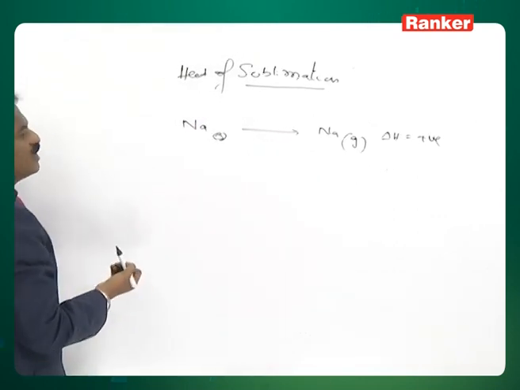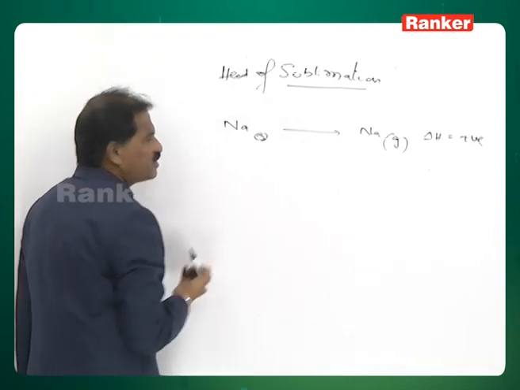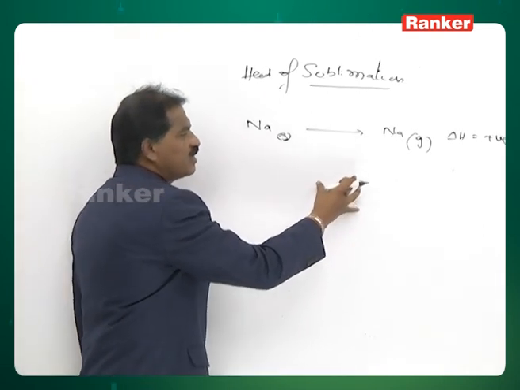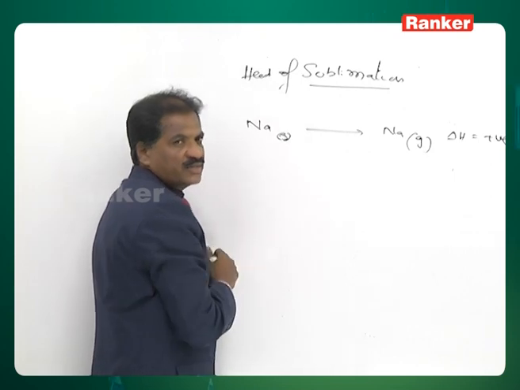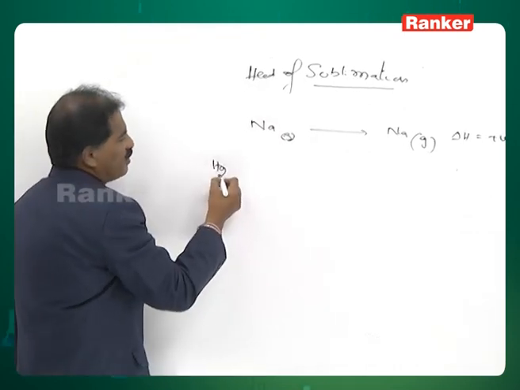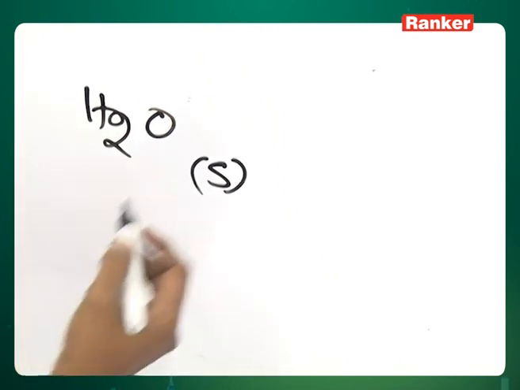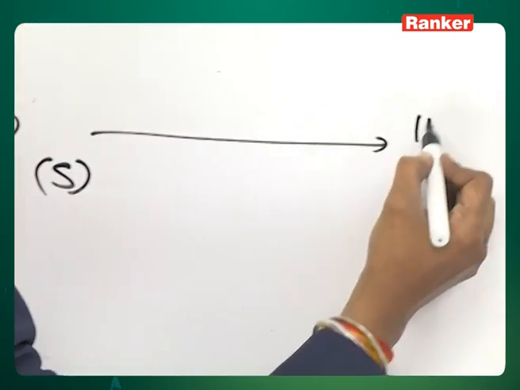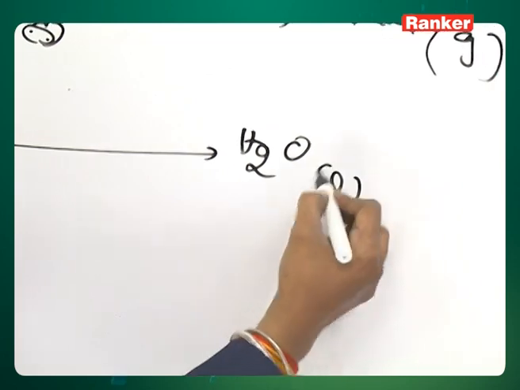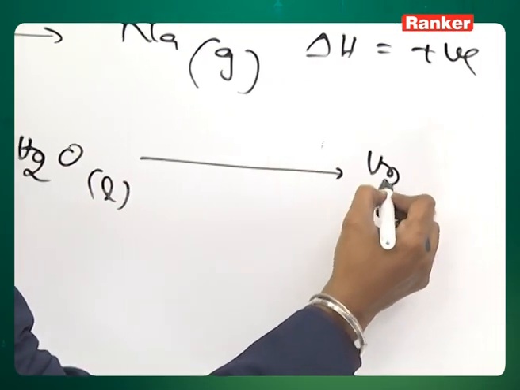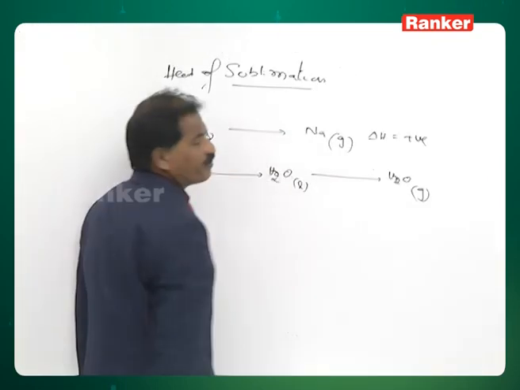Next, during the conversion from solid state to gaseous state, sometimes the solid state can convert into the liquid state, then that liquid can convert into the gaseous state. For example, if you take water, now water is in the solid state. If you supply some amount of heat energy, it will go to the liquid state. Then again, if you supply some more heat energy, it will go to the vapor state.